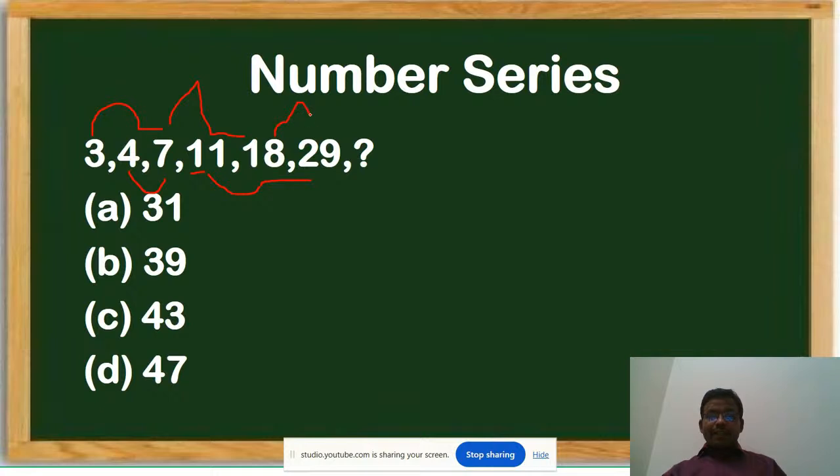Similarly, the logic should be 18 plus 29, which is 47. So the answer for this question is 47. Dear students, please understand this series is called the Fibonacci series.